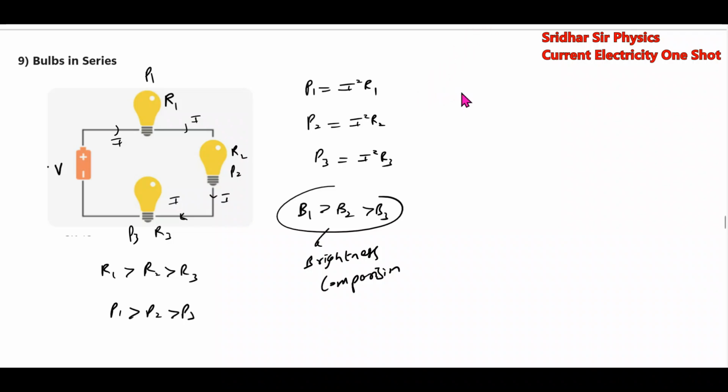Bulbs of higher resistance will glow with more brightness for series.